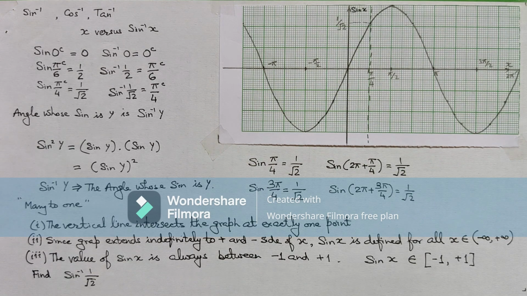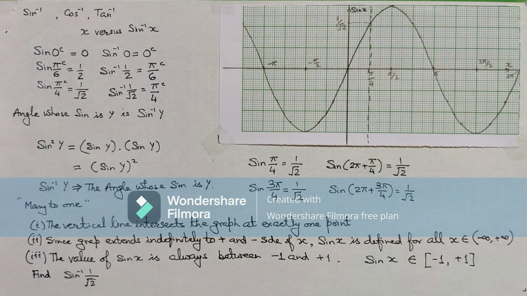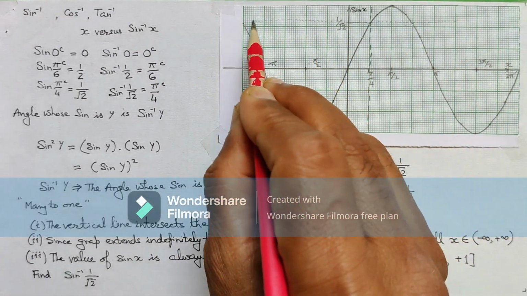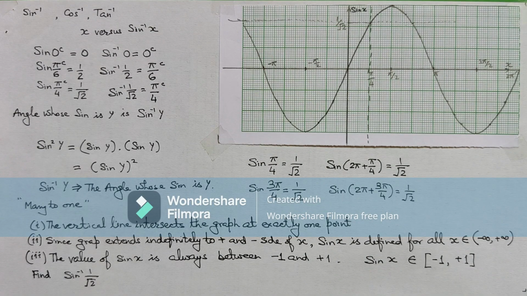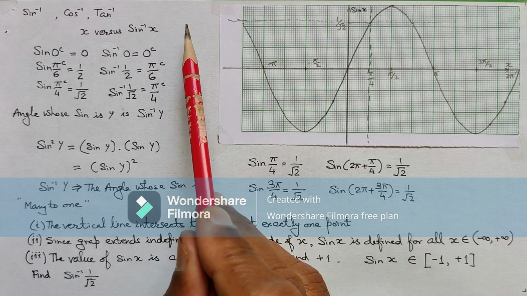Find 1 by root 2 on y-axis, that is here, and draw a horizontal line from that point. The line has to extend indefinitely to positive and negative directions of x.